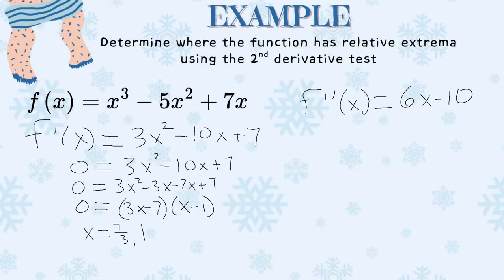And some people try and make a chart with these numbers and do other funky things. And remember, I already know that these are critical points. So now the only thing I have to do is decide if each one of these is going to be positive or negative. So if I plug 1 into there, I actually don't care what it equals, am I going to get a positive or a negative?